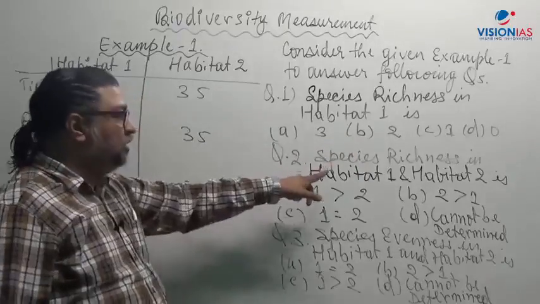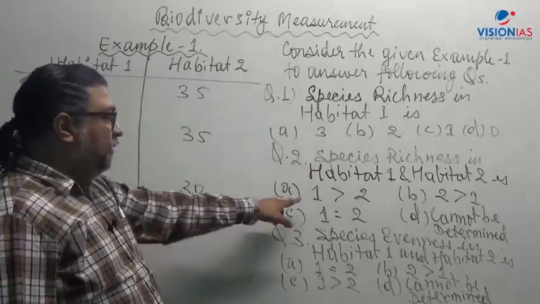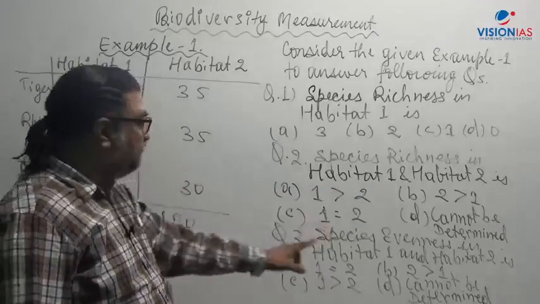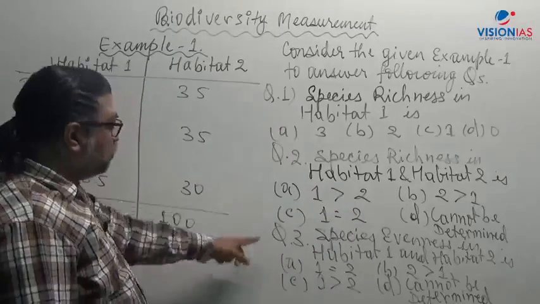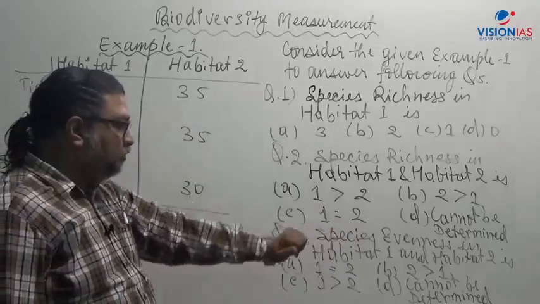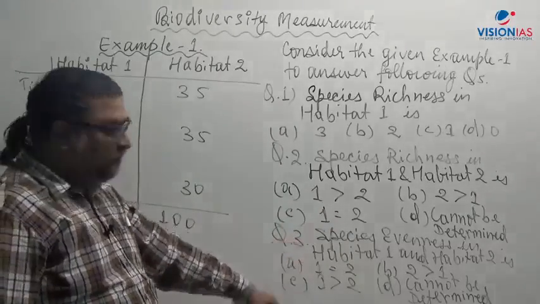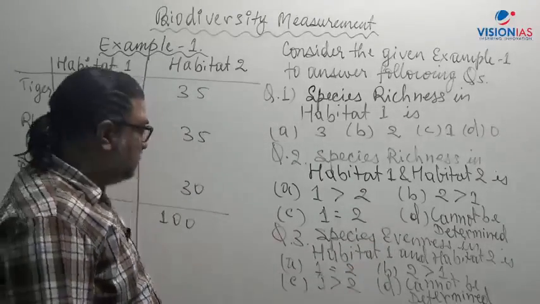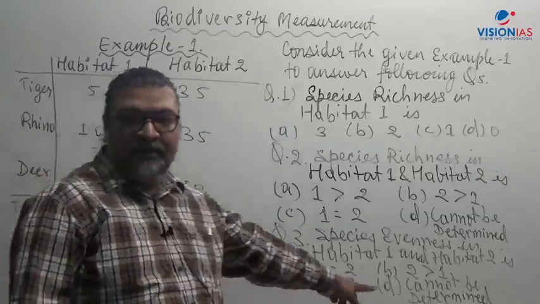Question number 2, species richness in habitat 1 and habitat 2 is A, habitat 1 is greater than 2, B, 2 is greater than 1, C, 1 equal to 2, D, cannot be determined. Question number 3, species evenness in habitat 1 and habitat 2 is A, 1 equal to 2, both habitats same, B, 2 greater than 1, C, habitat 1 is greater than 2, and D, cannot be determined.